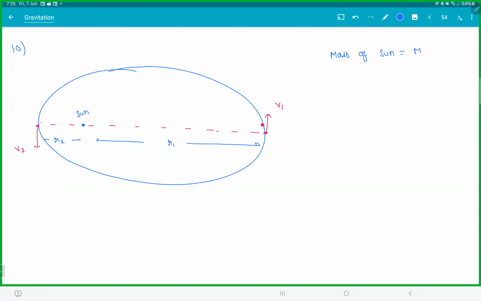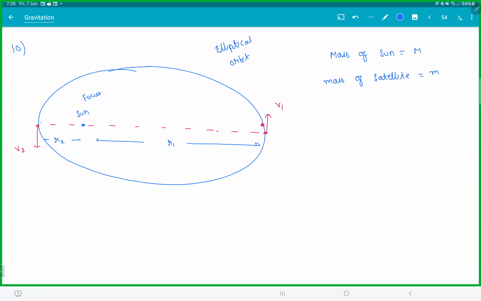Mass of sun is M. Mass of satellite is small m. It's going in an elliptical orbit. The sun is actually at the focus. R1, R2 are given. What are these called? Apogee, perigee, something like that.